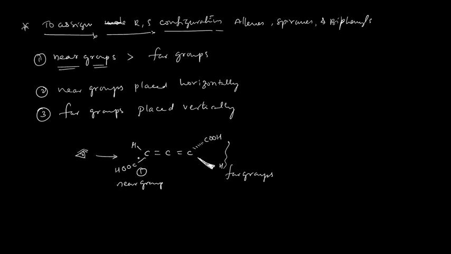COOH gets first priority, then hydrogen gets second priority. After giving priority to the near groups, go for the far groups. Of these two far groups, this is the highest priority, then it is 4. Third, now it is 4.